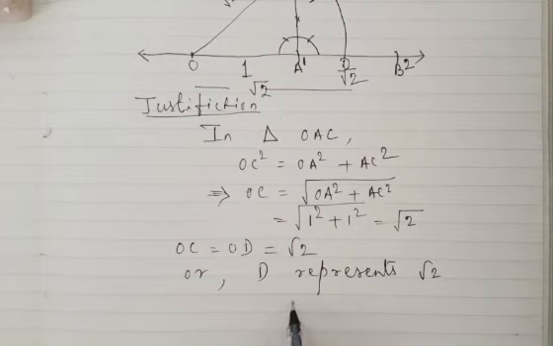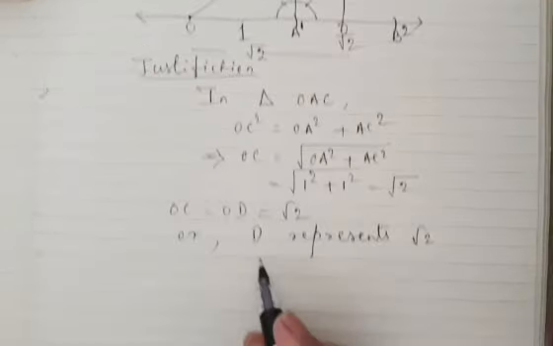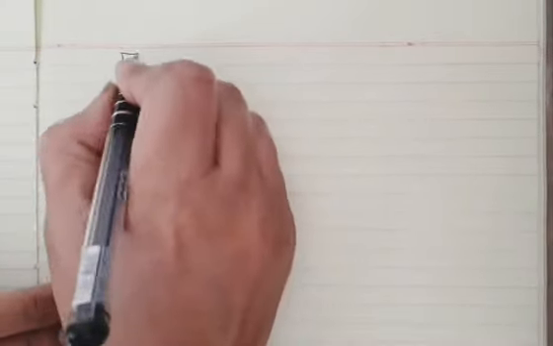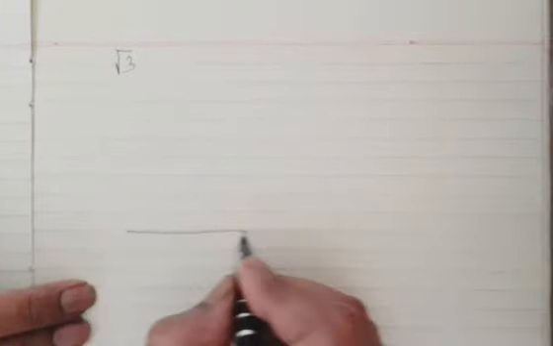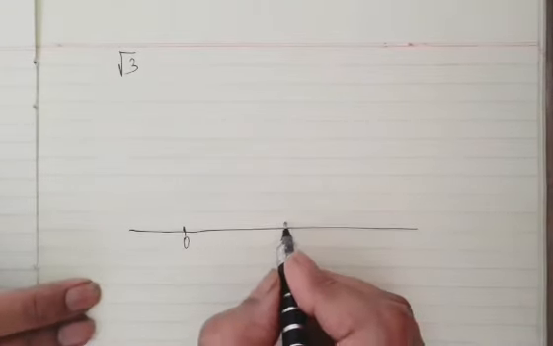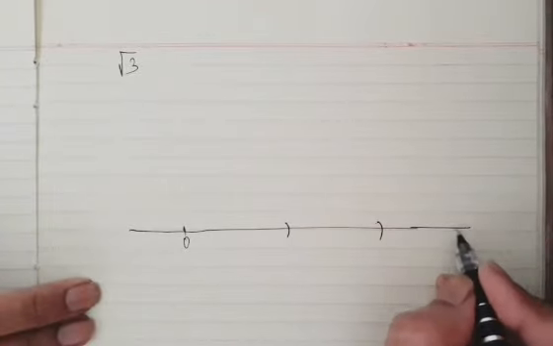Okay, in the next part let me show how to draw root 3. In the same way, take the number line. O is the starting point, then 1 unit length, 2 unit length, 3 unit length.